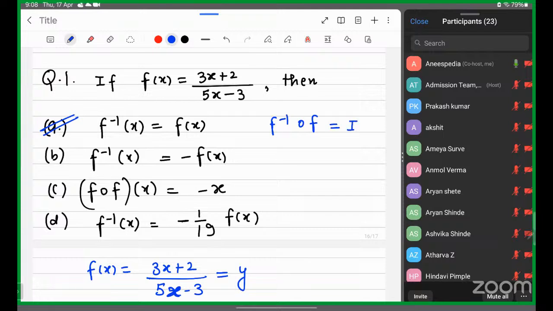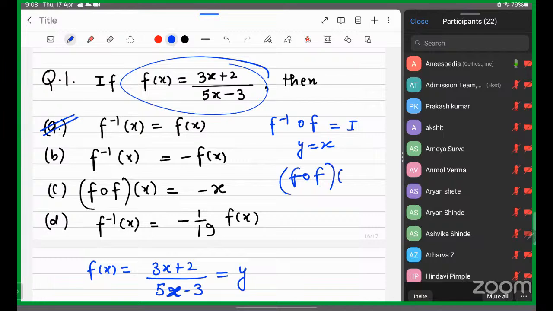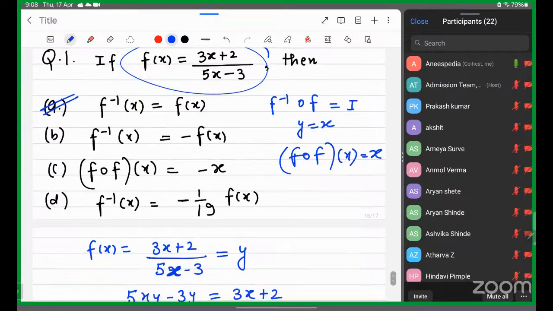So what you can do is put f of x in f of x as input and then simplify it. If it turns out to be the identity function, the option will be correct. Identity function is y equals x, which means in this case, f of f x on simplification will give x. Are you getting it?